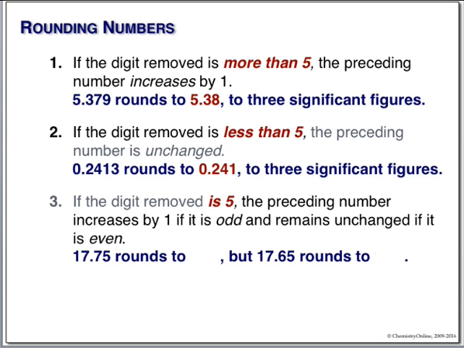It's unchanged if it's even. So here we have 7, 5. 7 is an odd number. So this is going to round up to 8. Over here we have 6, 5. That's an even number. Even numbers round down. So that's 76.